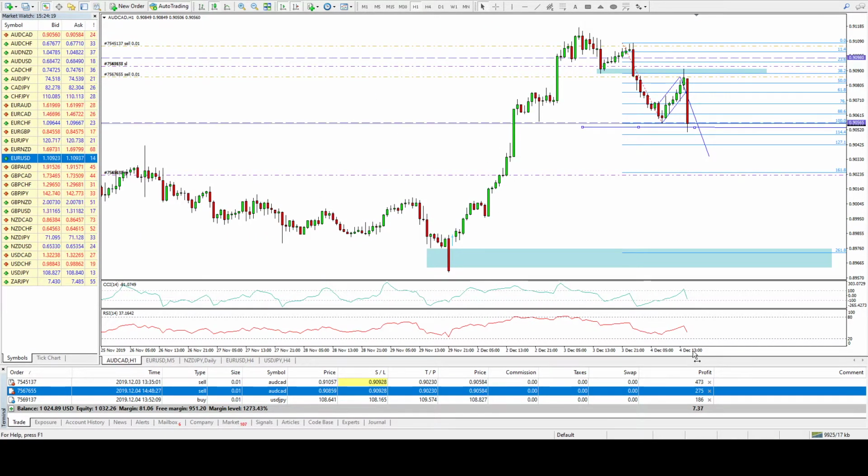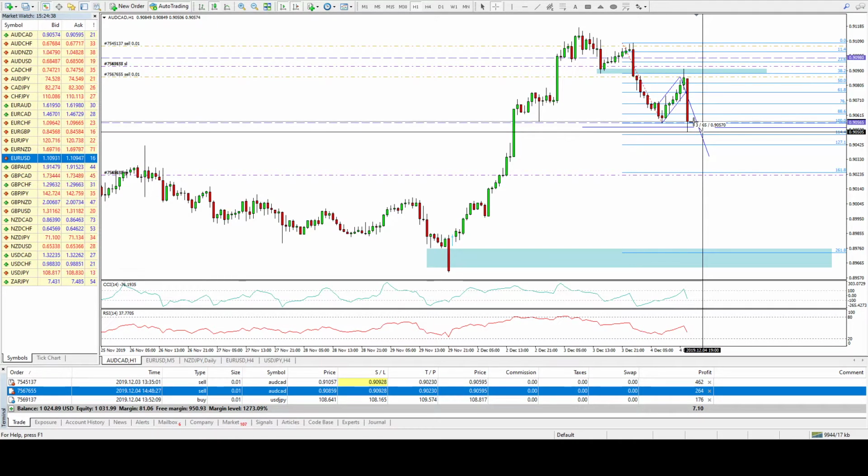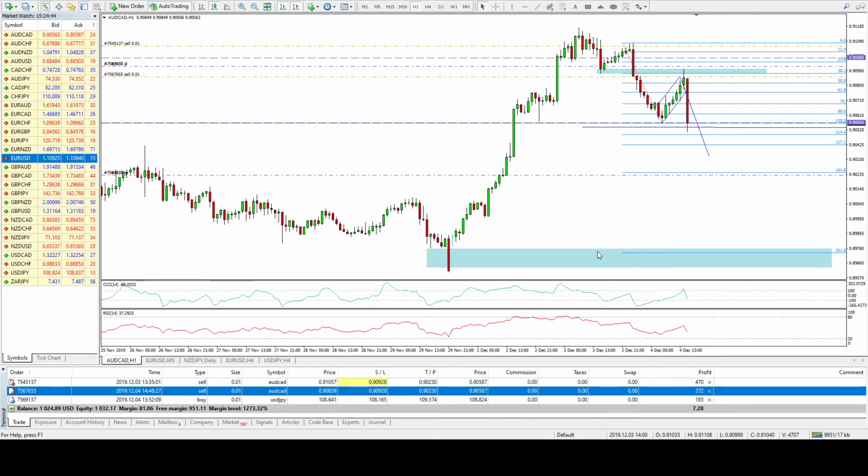I'm going back to hourly. I know I have so many lines here. Actually, I do need that too. Let's see what we got. We're still in the right place.